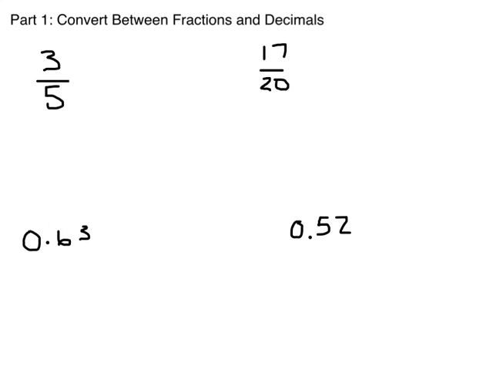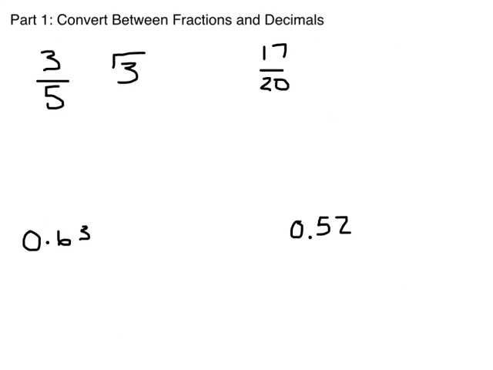Let's start by remembering how to convert between fractions and decimals. Let's convert 3/5 to a decimal. What operation can I use to convert 3/5 to a decimal? I can divide. Remember that every fraction is a division problem, numerator divided by denominator. So, to convert 3/5 to a decimal, I can divide.